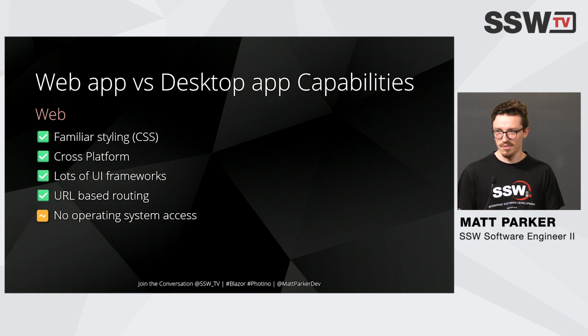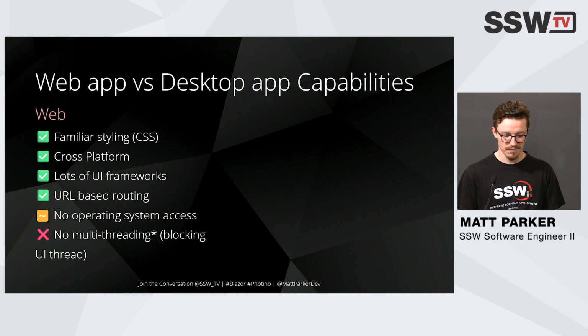With Chrome, there are some file explorer APIs, but in general, no. And a big one is no multithreading, which means in general, you're blocking the UI thread. Recently, they've introduced web workers, which lets you run some things in a background thread, but there are a lot of limitations. So in general, it's not like proper multi-threading in a desktop context.